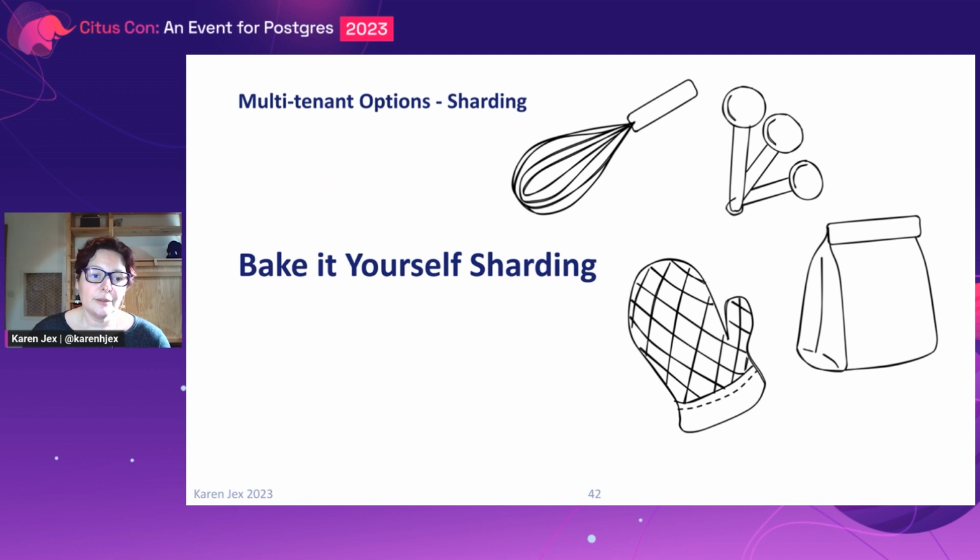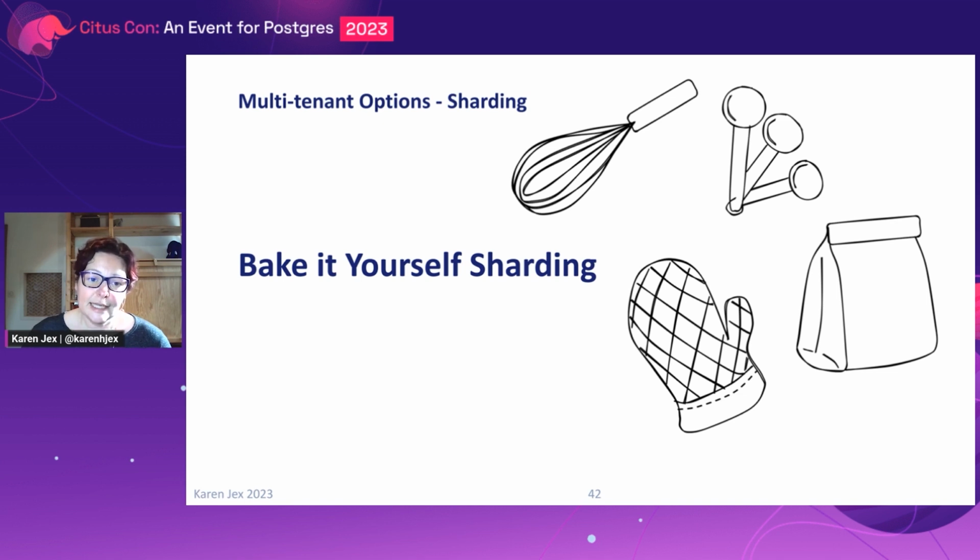Postgres doesn't provide native sharding yet. You can set up your own form of sharding. I've called that the bake-it-yourself version of sharding. But you'd have to partition the tables yourself. You would have to set up foreign data wrappers, for example, so that you could then say where the different partitions of your tables reside.